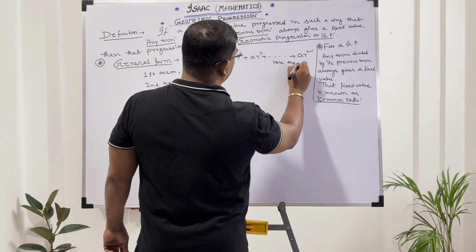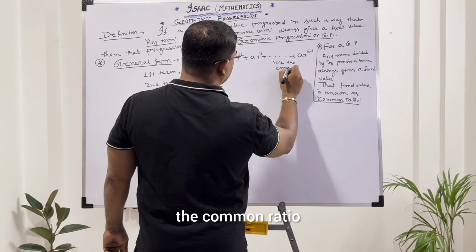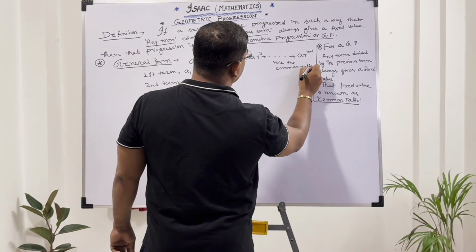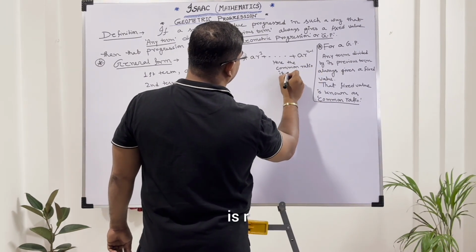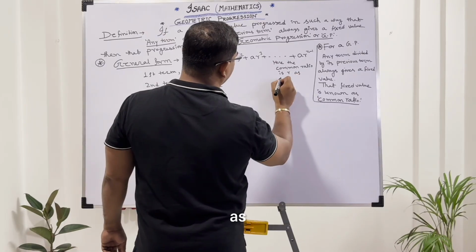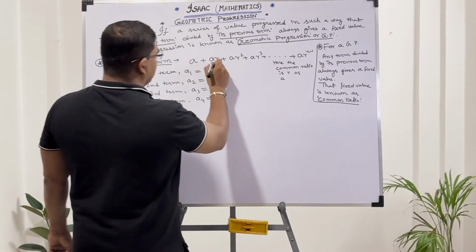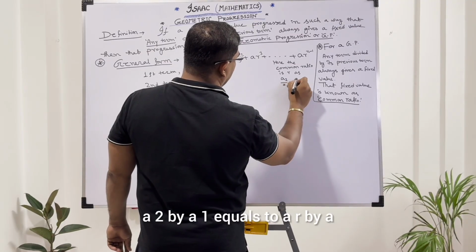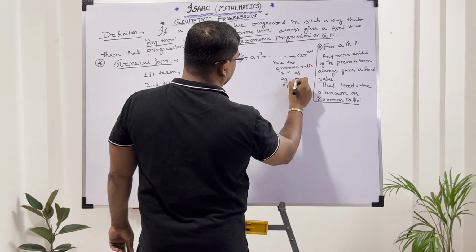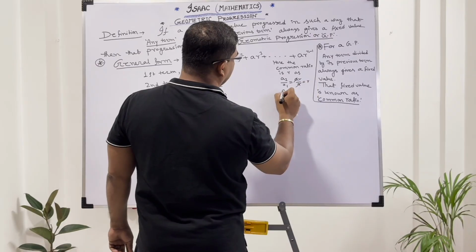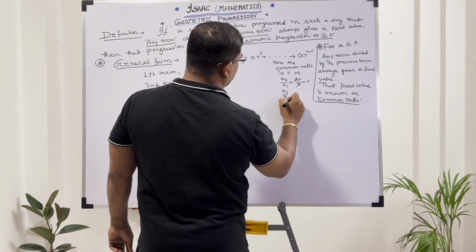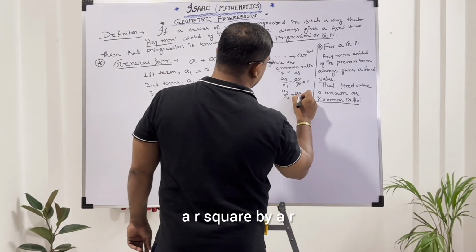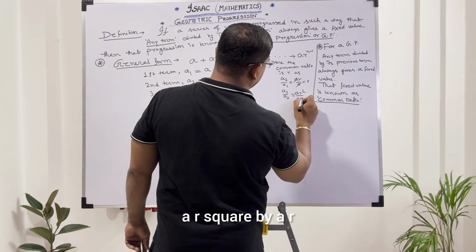Here the common ratio is R, as A2 by A1 equals AR by A. Cancelling A, we get R. A3 by A2 equals AR square by AR.